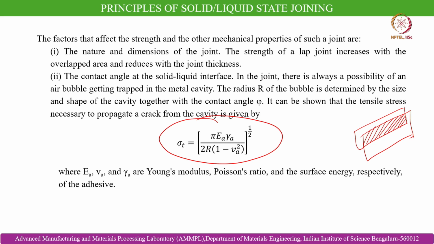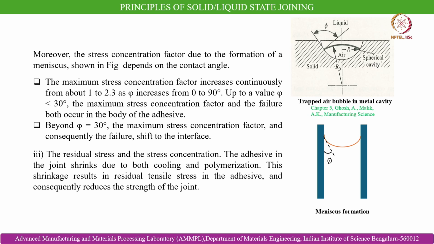Here E A, nu A and delta A are the Young modulus, Poisson's ratio and the surface energy respectively of the adhesive material. Please correct it, it is nu A, not V A. This is the case where the entrapment of an air bubble within the adhesive layer, which is used for developing the adhesive bonded joint between the adjacent plates, is shown.